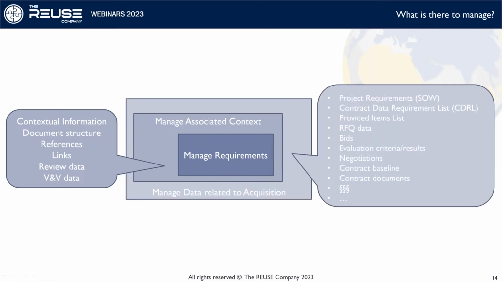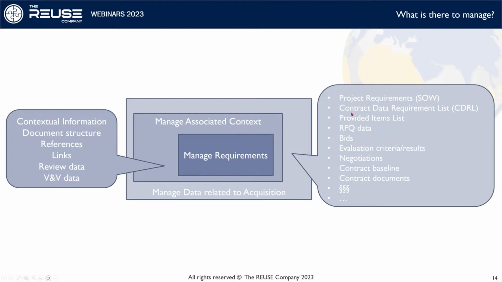But also adding acquisition to this, again, more full-scale acquisition of system development, there are lots of other data that also emerges here. I think I mentioned request for quotation, negotiations, and so on. Statement of work, which is not only technical requirements, but also requirements on how to proceed with the work during the project time.